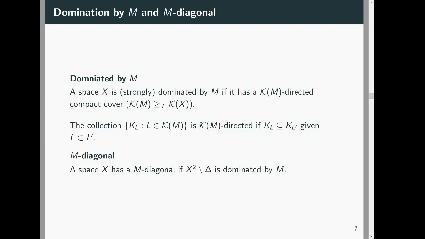And so M diagonal, M a separable metric space, means X squared minus the diagonal is dominated by M, which means we can get a Km directed compact cover of this off-diagonal space. So that's the definition. KQ, Q diagonal means we can get a KQ directed compact cover of X squared minus delta.